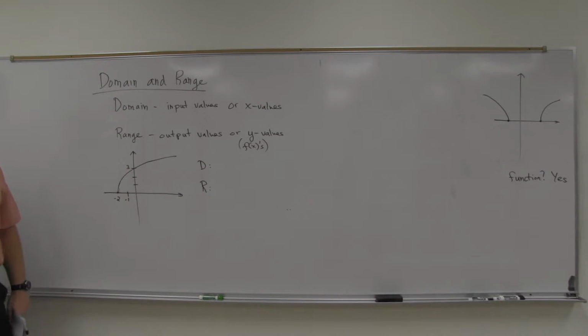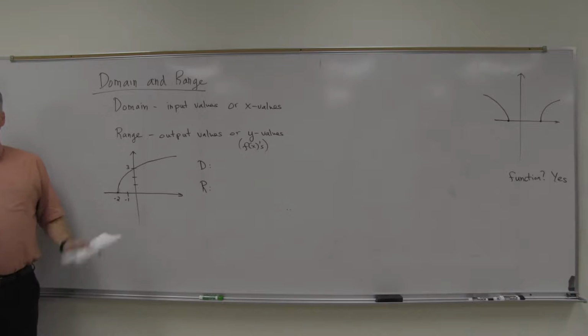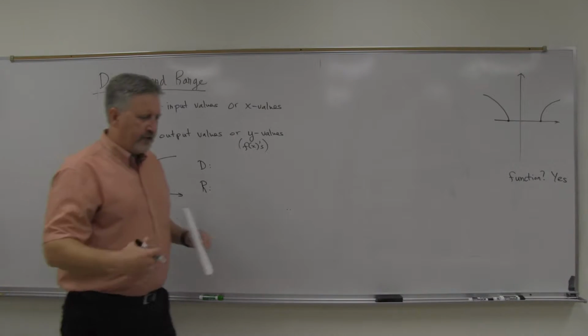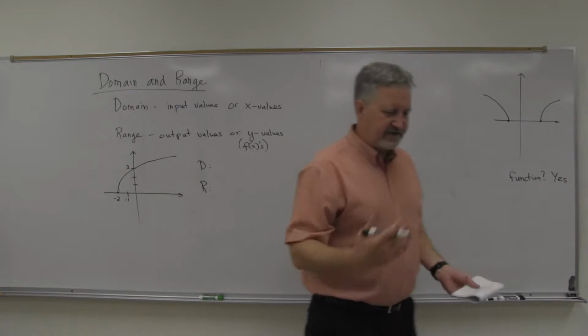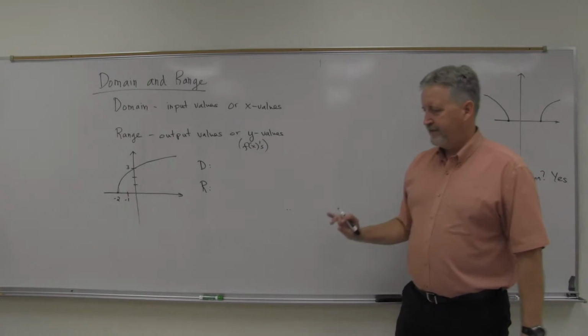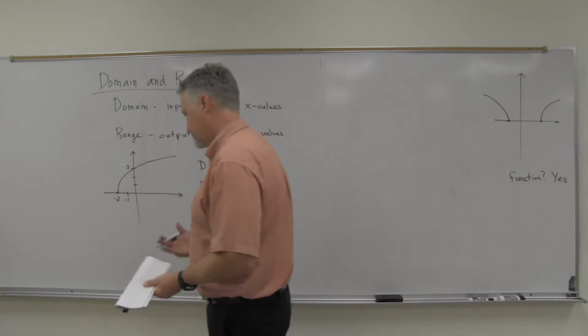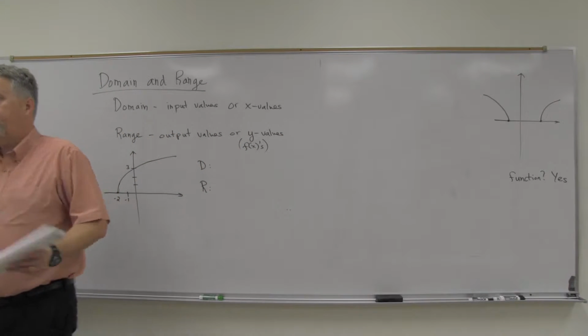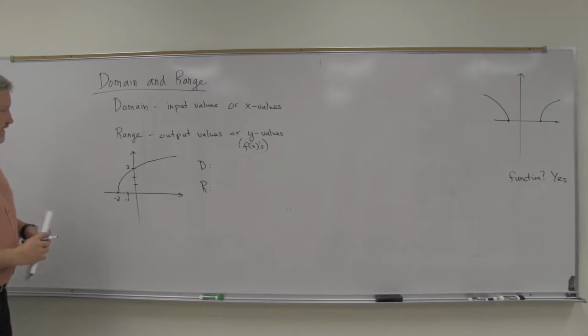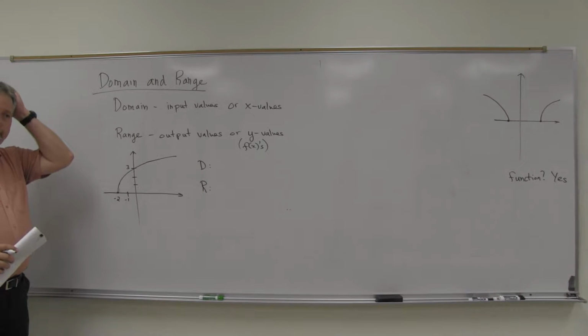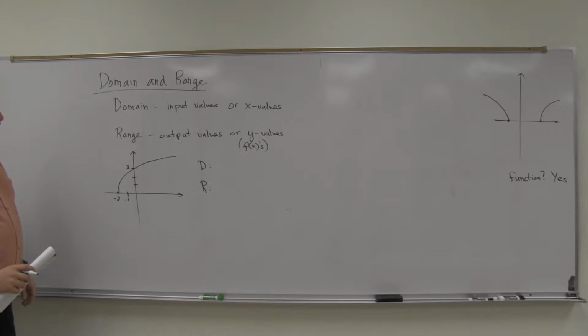So I want to know, for this function, it passes the vertical line test, so this is a function. What's the domain and range of this function? Well, our domain are the x values. Since I don't have a table or a function to go off of, let's just see if we can figure out what our domain is.